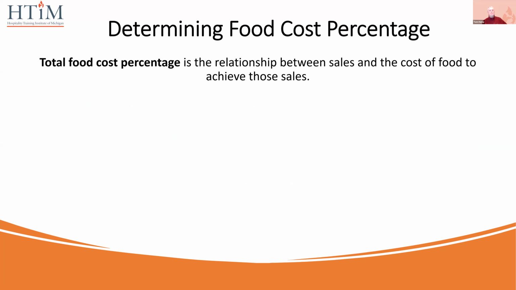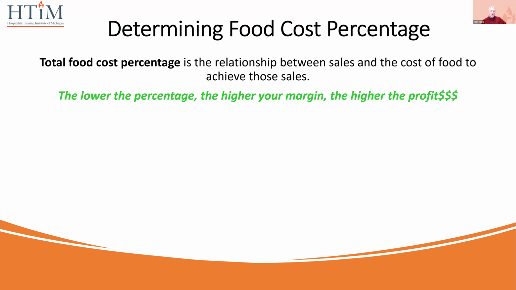So it's pretty proportional that as sales and revenue go up, so does your cost of food. So the lower the percentage, the higher your margin, right? So if we can stop waste, if we can stop mistakes, if we can stop theft, the higher our margin, because again, the lower the percentage, the higher your margin. So let's take a look at what that looks like.